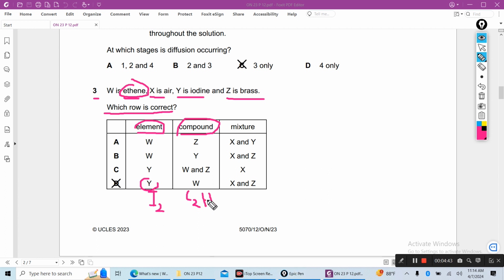There are 2 types of element but they are chemically combined, that's why W, ethene, is a compound. And mixture X is air. Air is a mixture because air contains carbon dioxide, nitrogen and oxygen. And Z is brass, this is also a mixture because brass contains copper metal and zinc metal. It is a mixture of metals.